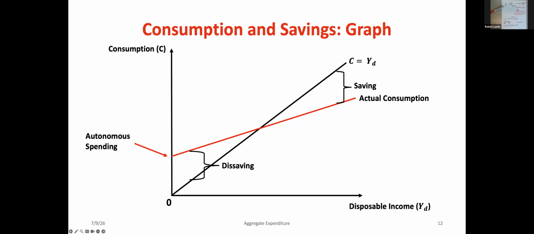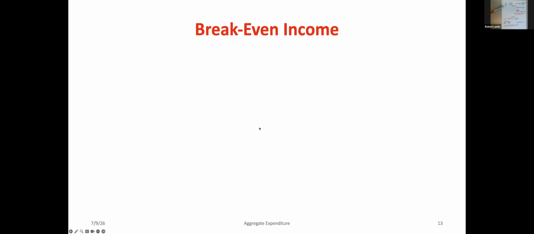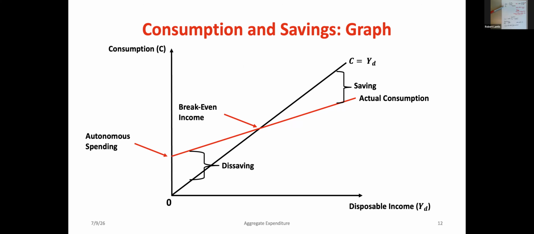Okay. And then there's this break-even point in the middle where I'm spending exactly all of my disposable income on goods and services. So there we would have no savings. Okay? I'm spending all of the money that I have available.